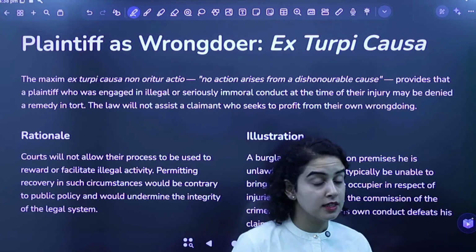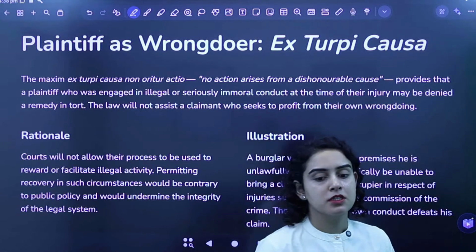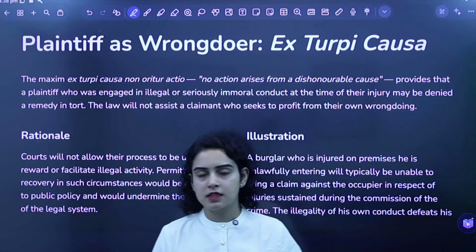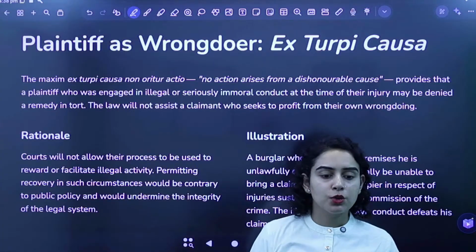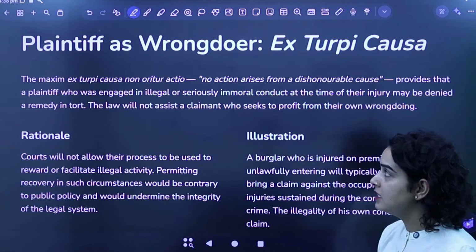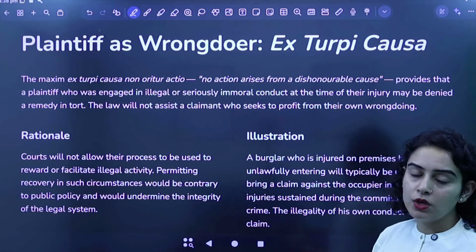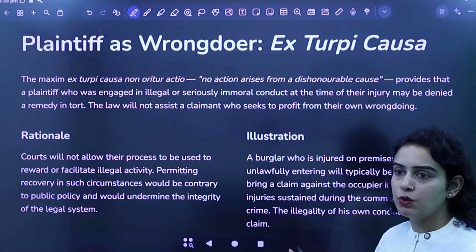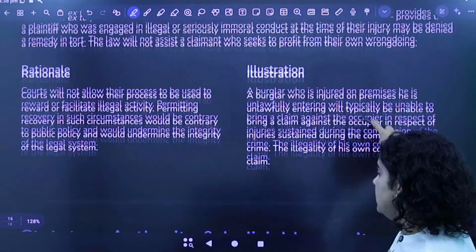He does not take his accountability and he says, no, no, you have caused me loss, you have to pay compensation to me, and he goes to the court asking for compensation. In that case, you can always say that the plaintiff was equally wrong. Plaintiff was also a wrongdoer, right? So when the plaintiff himself is a wrongdoer, the court says that then no remedy will be available to you, right?